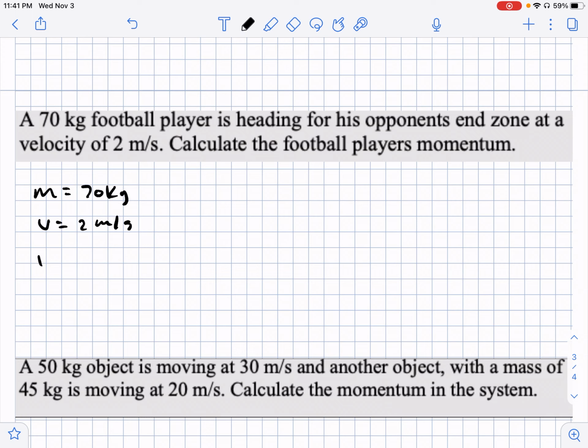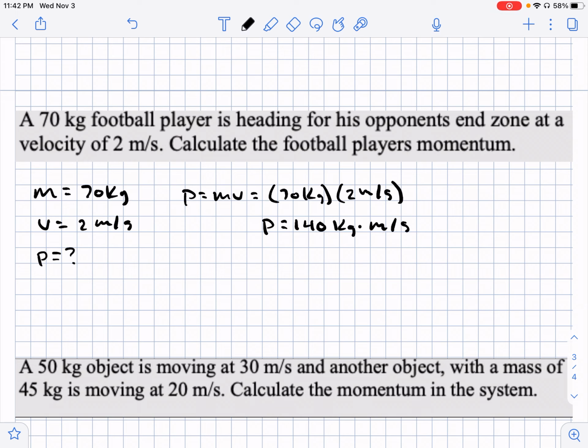And we're trying to find the momentum, P. So we have our new equation, P is equal to mv, and we're going to just plug those numbers in. So I have 70 kilograms times 2 meters per second. So the momentum of this player here is just 140 kilograms times meters per second.